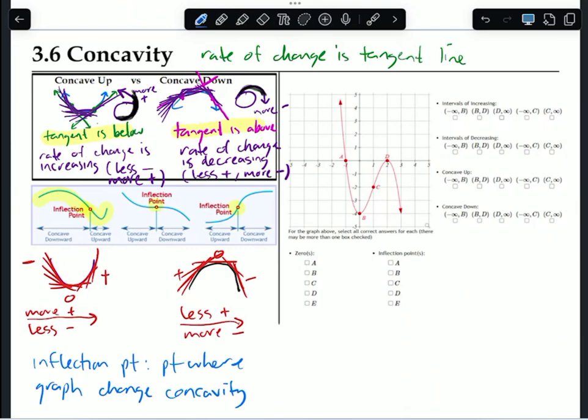Right at that inflection point, what you see is it's going from concave down to concave up. So that's called an inflection point.